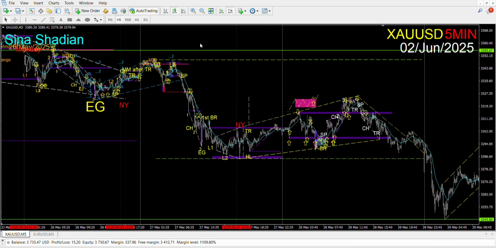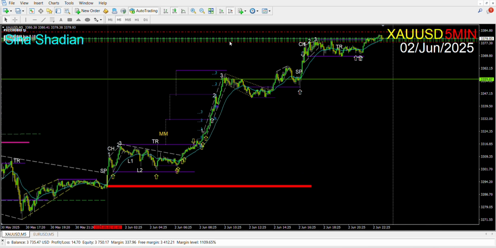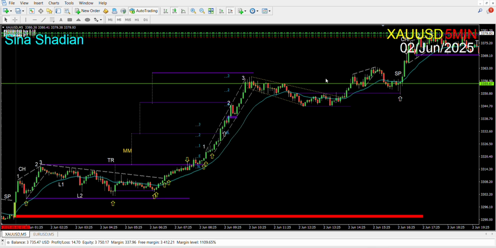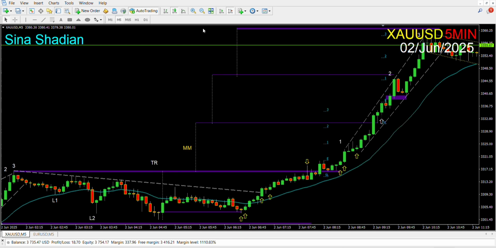So yes, it's the top of the previous wick, so it's at a resistance level. That's why when the market reaches this level, it starts consolidating and also making more and deeper corrections.